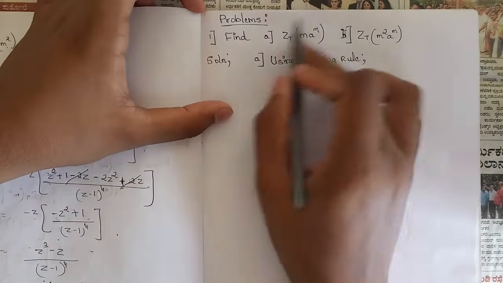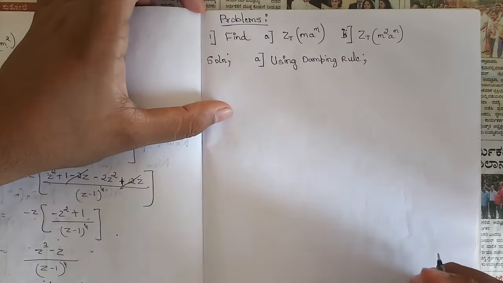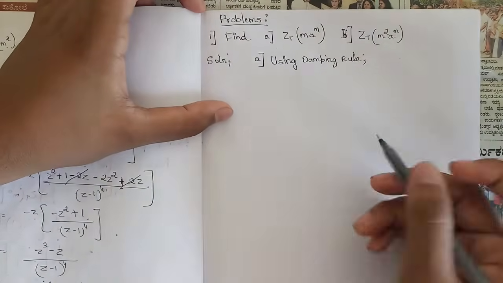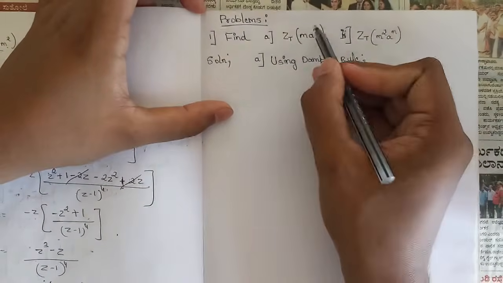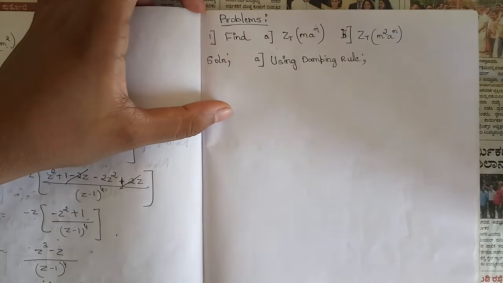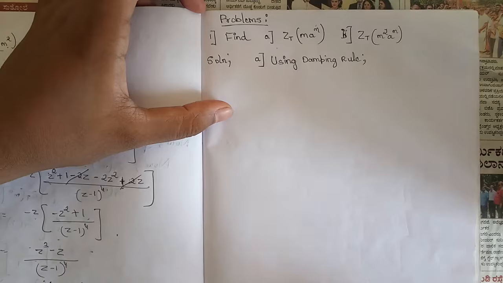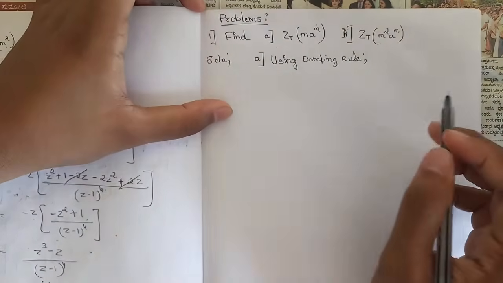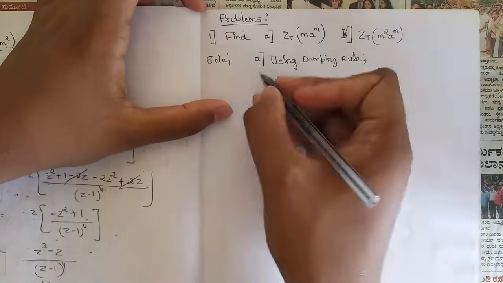So now let's solve the first problem, that is the z transform of n into a power n. To solve it, we need to recall the concepts we have discussed in the z transform. In the question the term a power n is given, and this comes under the damping rule. So what does the damping rule say?